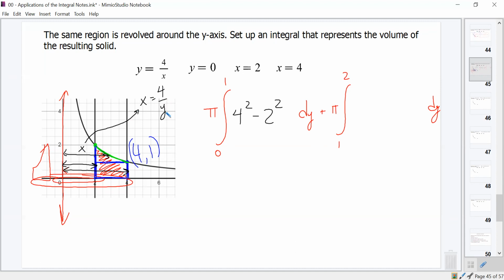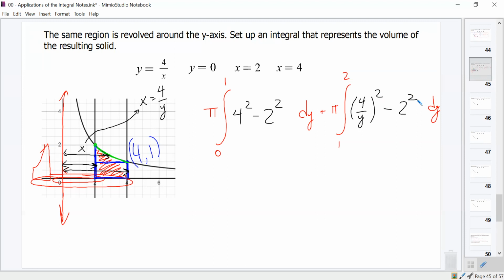So for this one, our outer radius is just going to be 4 over y, and we'll have to square that. And our inner radius doesn't change. The inner radius is still the distance from x equals 0 to x equals 2. So that'll still be minus 2 squared.